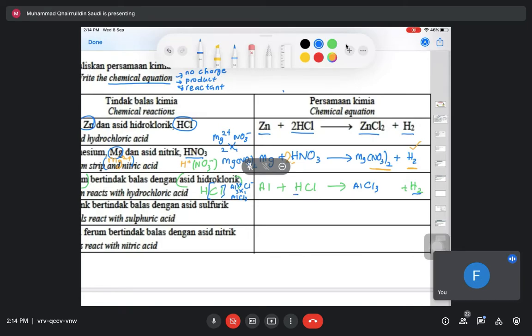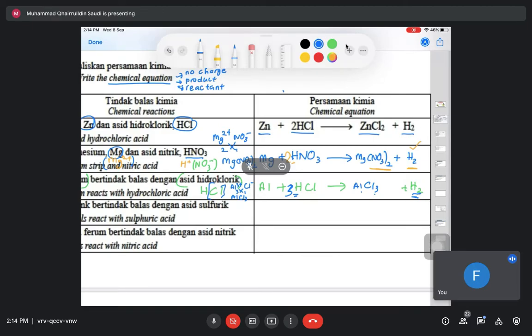If we put 2 here, the chlorine will be 2, but we have 3 chlorine here. So it's not enough. So we balance the chlorine first. 3 chlorine, aluminium 1. Now we have 2 hydrogen here and 3 hydrogen here. It is not enough as well. So we have to multiply by 2.